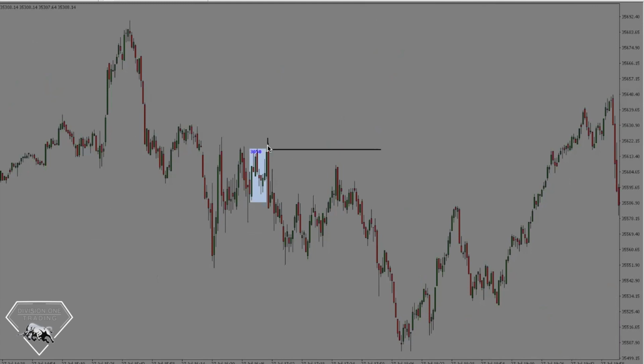For example, this right here is 10 o'clock a.m. and that's Central Time. So what we do is 10 minutes before that range, so 9:50 to 9:59 is what we're highlighting with this blue box. So it's only a 10-minute range, so basically two 5-minute candles.